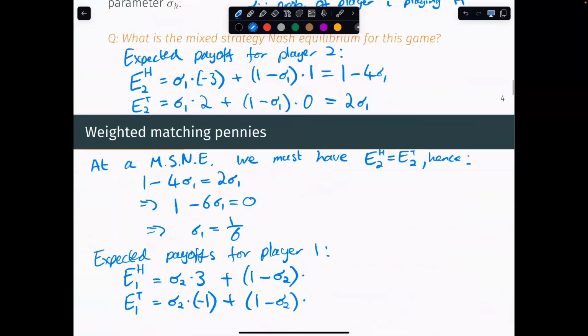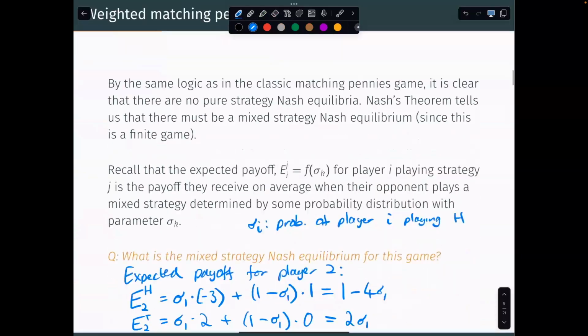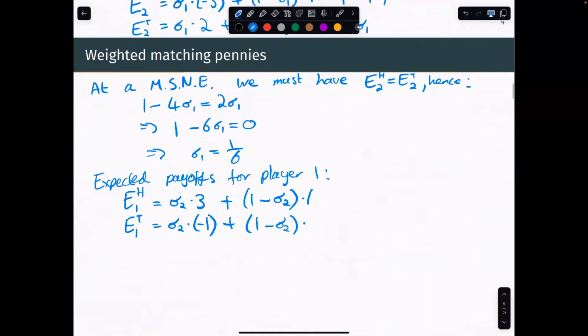And then the payoffs in each of these scenarios is going to be entries to the left, -2 and 0. -2 here and 0 at the bottom. So you end up with 5 sigma 2 minus 2 and minus sigma 2 as the expected payoffs for player one playing heads and tails respectively.